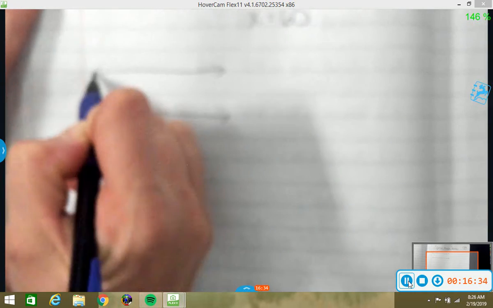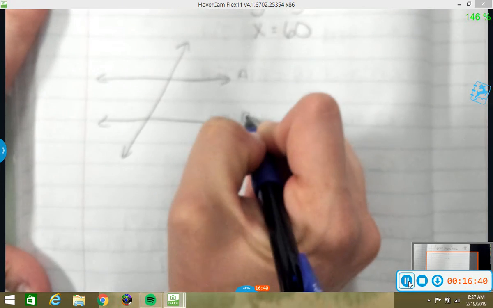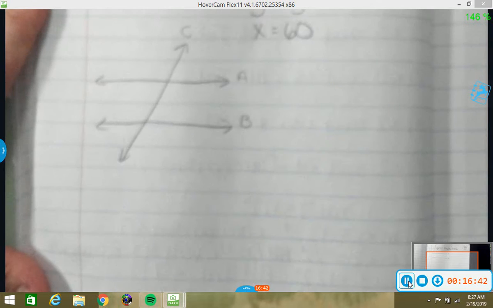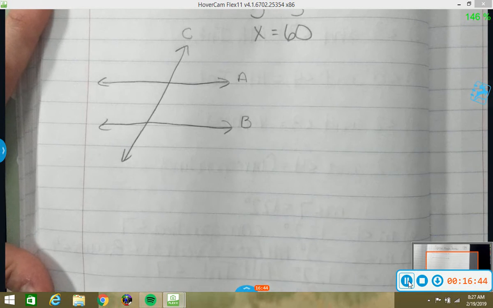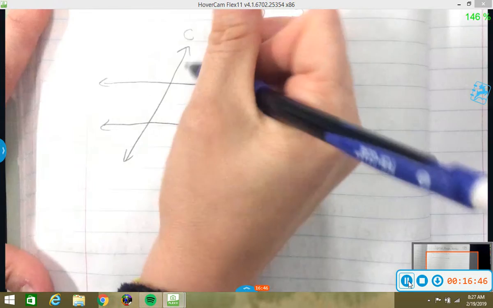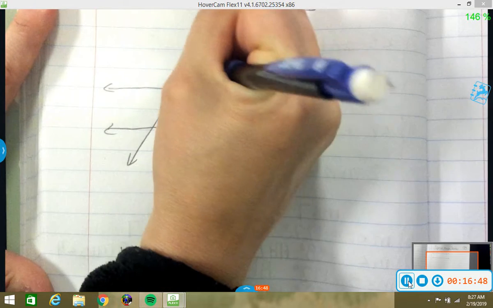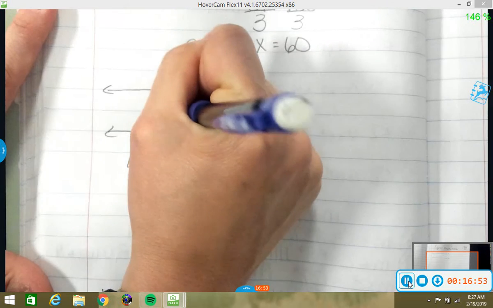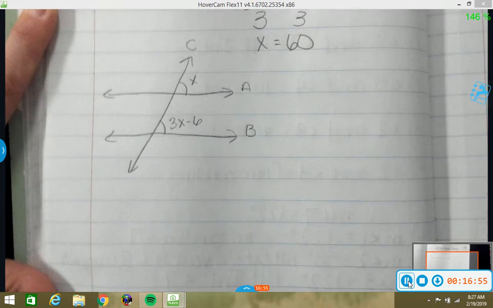Okay, let's say we have these two parallel lines and it's cut by a transversal. We'll just call it A, B, and C again. I'm going to say that this angle is x and this angle is 3x minus 6. I want you to solve this one.